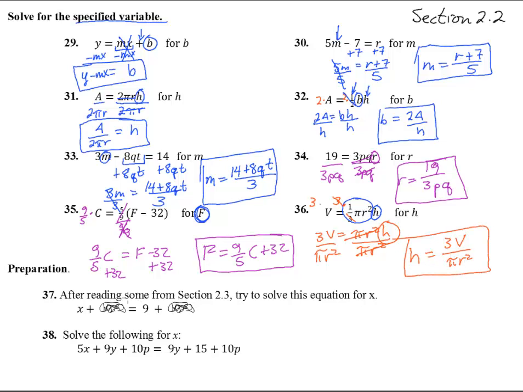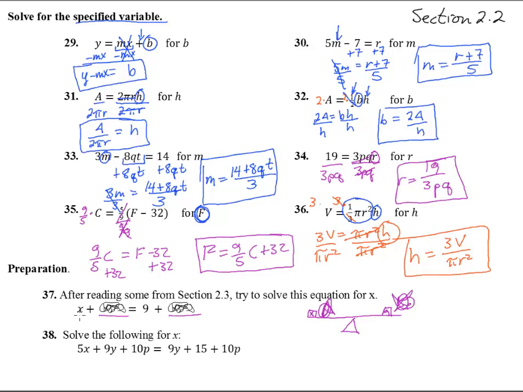Excellent. Now, on number 37 and number 38, these are preparation problems, so you don't have to get the right answer here, but I'll show you how this was done so that you can see what's going on. Here you have x plus blah, blah, blah, whatever that thing is, 9 plus blah, blah, blah, whatever that thing is, but you notice they're exactly the same. If we go back to what it is to have a balance here, and we have an x block, and then we have a blob, and we have a 9 block over here, and we have a blob.